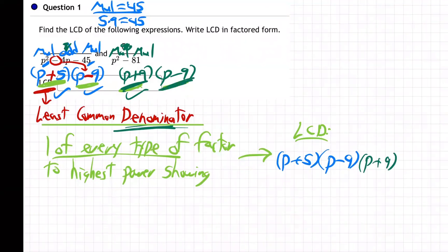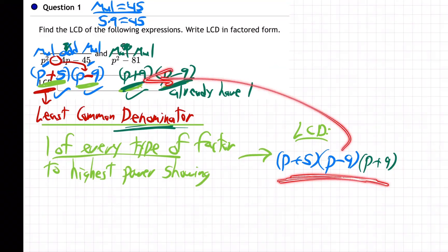And then next P minus 9, and we already have one, because again, remember it says only one of every type. So I'm not going to take another P minus 9. And that's it. That is the LCD. That's what they want you to type into that box there.